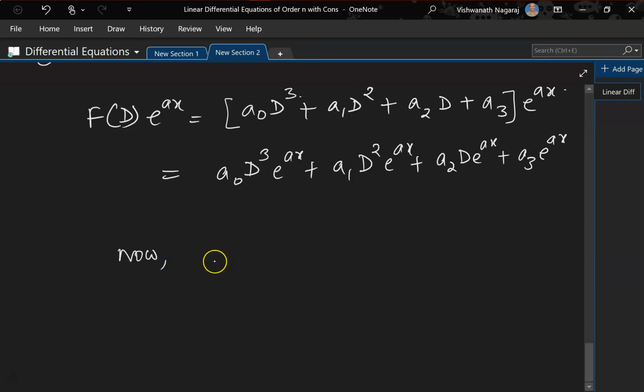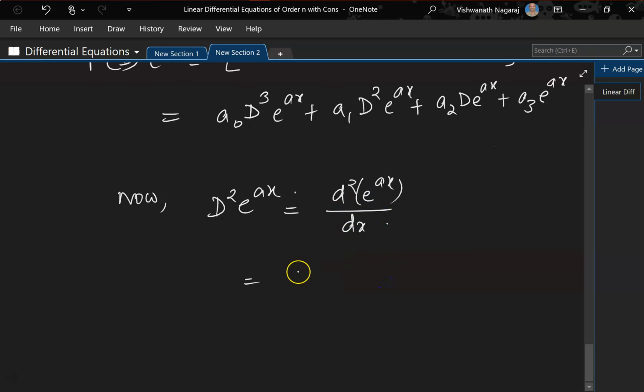If we look at D square e^(ax), what is this? This is the second derivative, right? So this can be written as d square e^(ax) by dx square. This can be written as d by dx of, let's differentiate it. So this would be what? e^(ax), and then the derivative of the exponent, that is a.